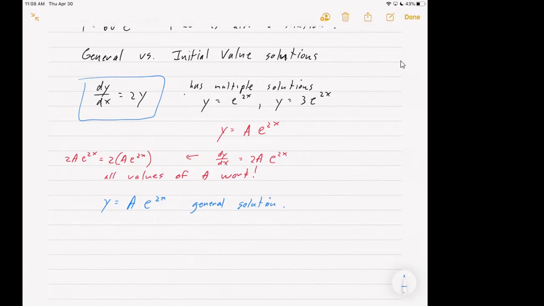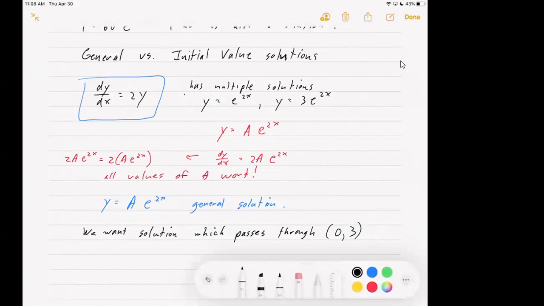All right? Now, this is where we get to initial value solutions. What if we want the solution which passes through the following point, through (0, 3).